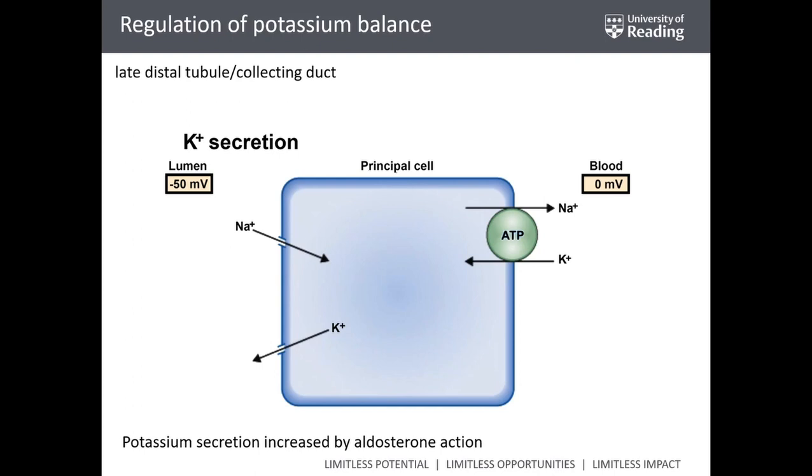But it also increases the amount of potassium which is transported from the blood into the principal cell, and because of the passive leak conductances to potassium on the apical membrane, the amount of potassium that is secreted from the blood into the lumen and then finally excreted increases. That is how aldosterone promotes the excretion of potassium.